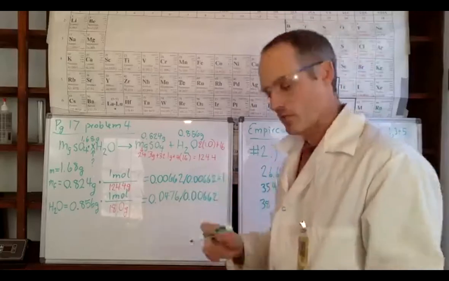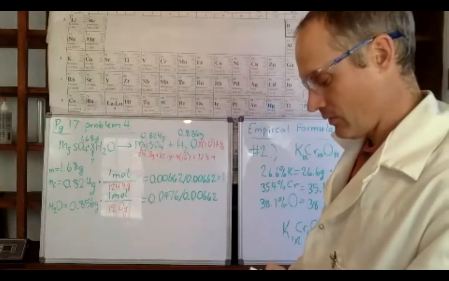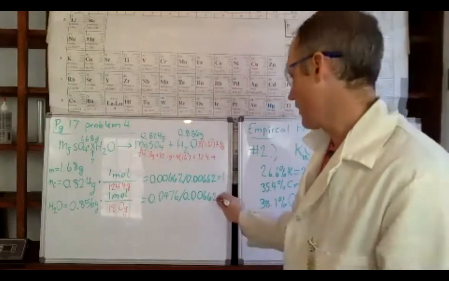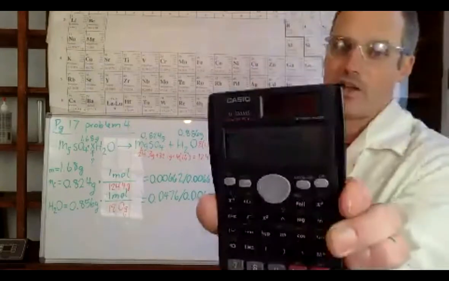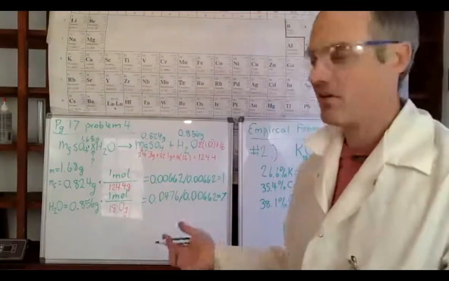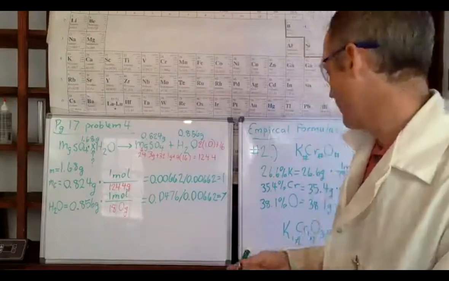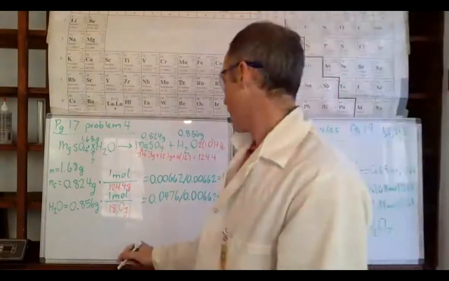This one will come out to 1. And this one comes out to 7. Well, I'm lying a little bit. It's like a 7.18, but it's close enough to 7 that it's 7. It's not like a 7.5 like we had last time. So it's supposed to be 7.